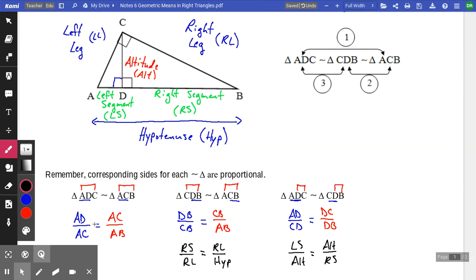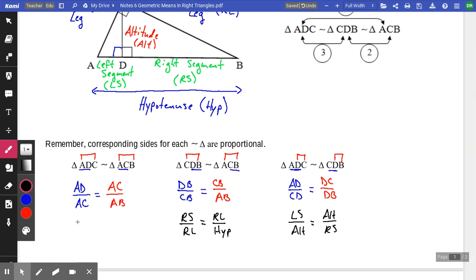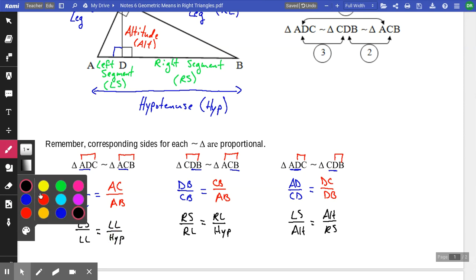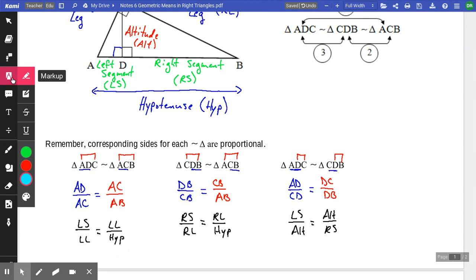And one last case here, AD is the left segment. AC is the left leg. Once again, AC is the left leg, and AB is the hypotenuse. Now you might notice here that these two comparisons are very similar to each other, these two proportions.